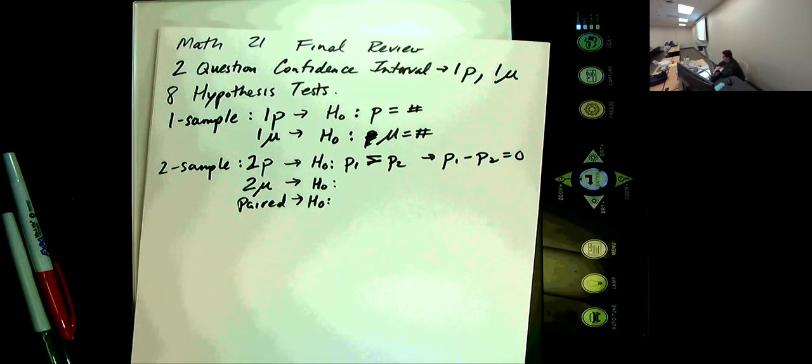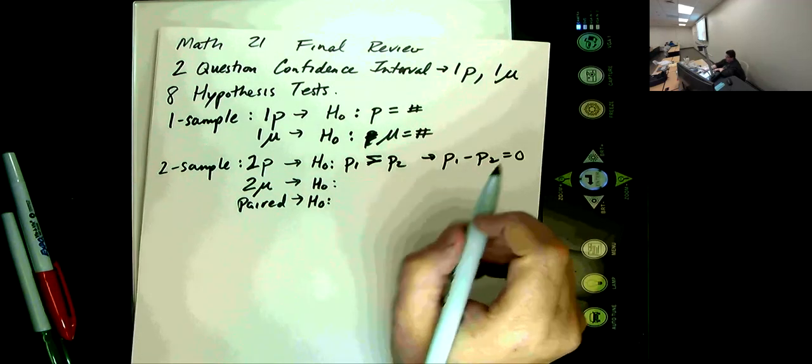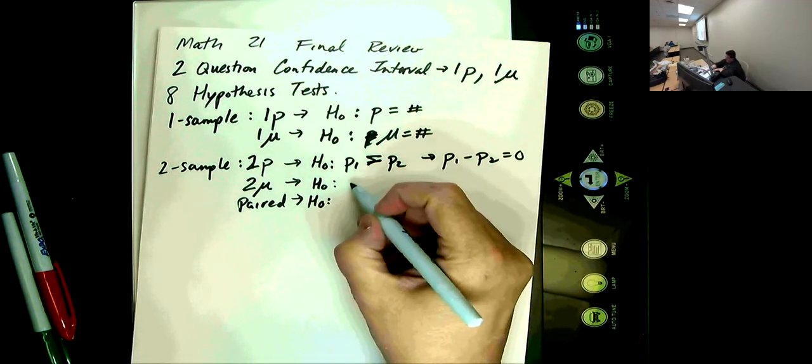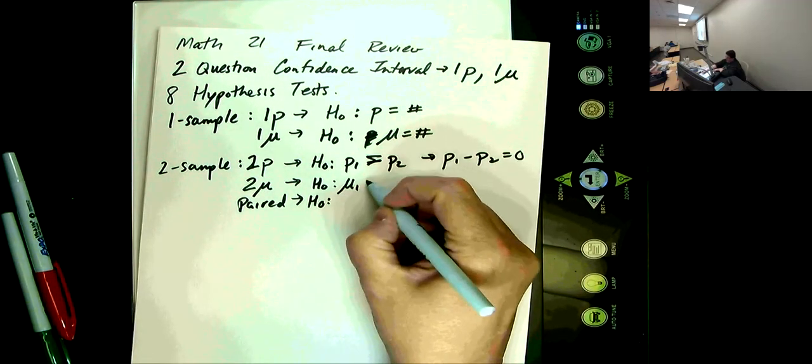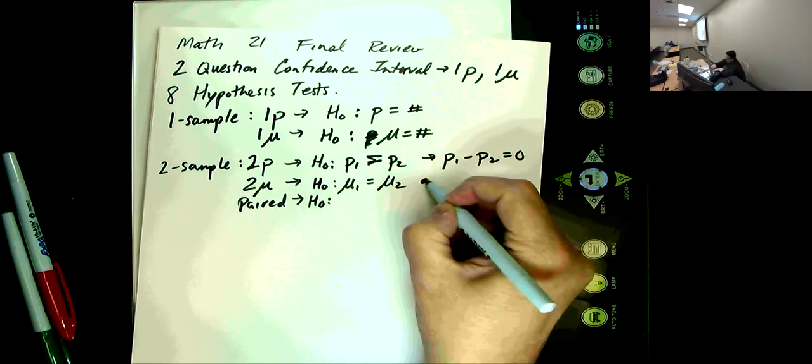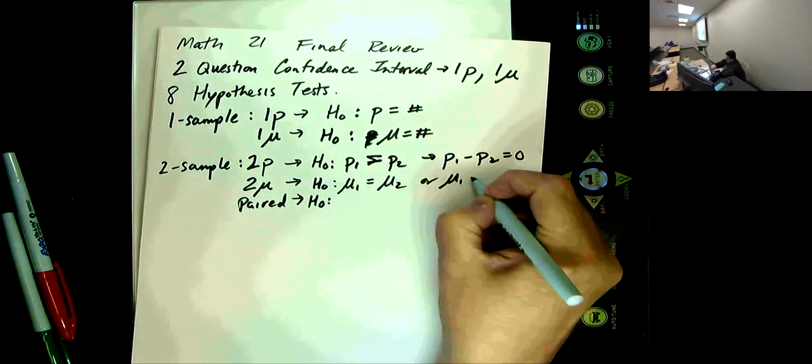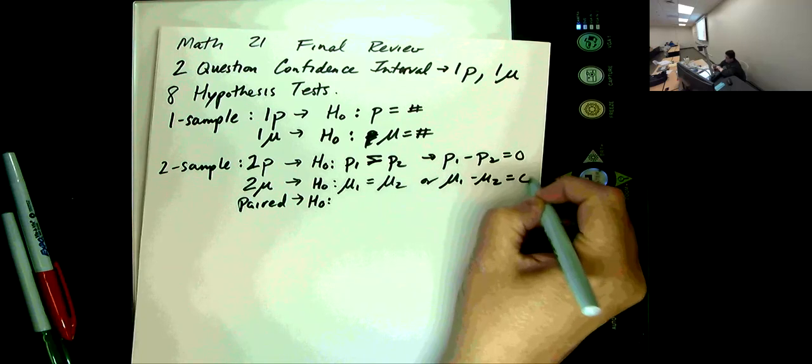That's fine too. That's what you saw a lot. Either one of those works. You don't have to show both, just show one. For the means test, it was mu1 equals mu2, or mu1 minus mu2 equals 0.